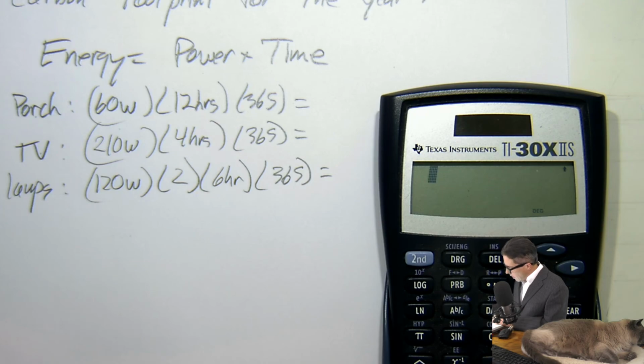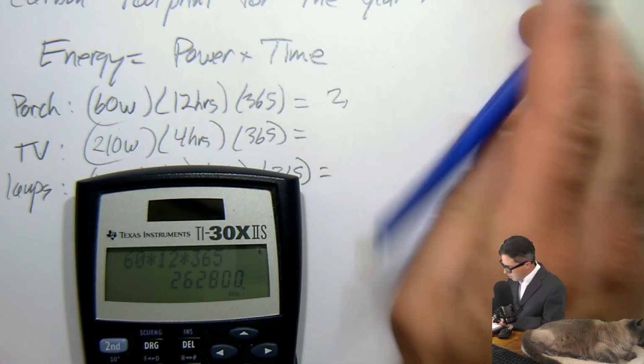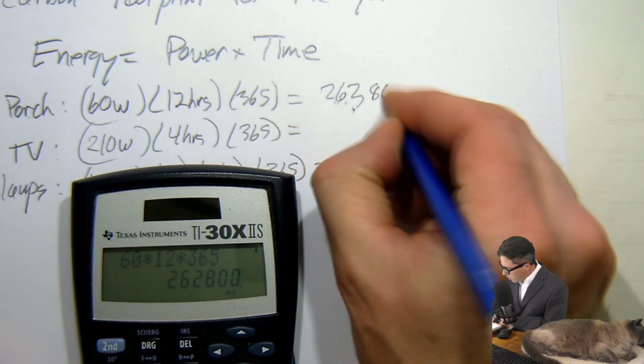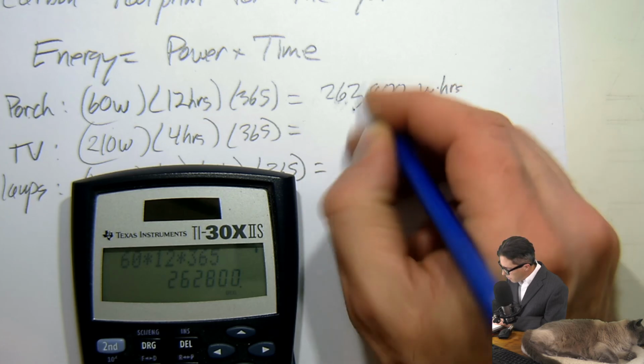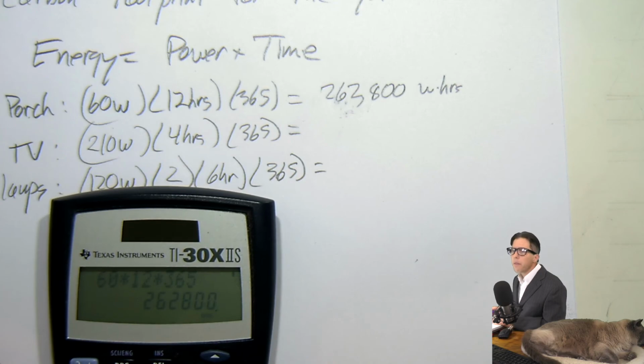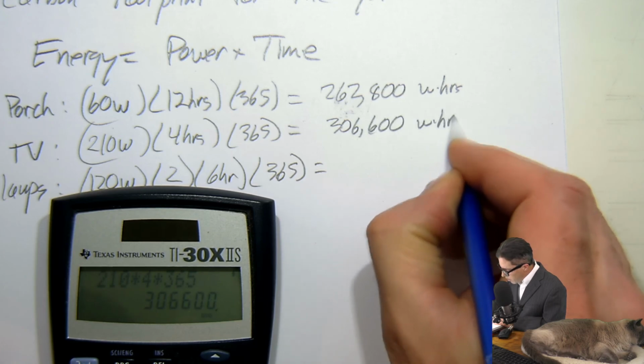So 60 times 12 times 365, I get 262,800 watt hours. For the TV, I get 210 times 4 times 365, 306,600 watt hours.